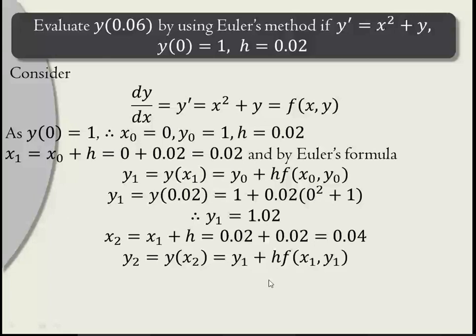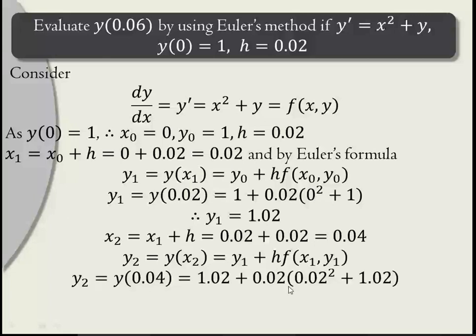So the value of y at 0.04: y1 is 1.02, h is 0.02, the function is x square plus y, but x we have to take as x1, so it is 0.02 square plus y1, which we take as 1.02. Simplify it. Calculating this value, it will be 1.0404. But we don't want y of 0.04, we want y of 0.06.